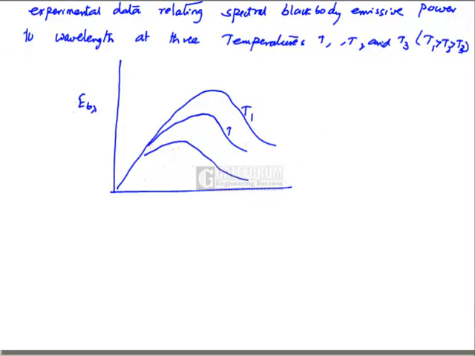This is T1, T2, T3. This is lambda, watts per meter square micrometer.